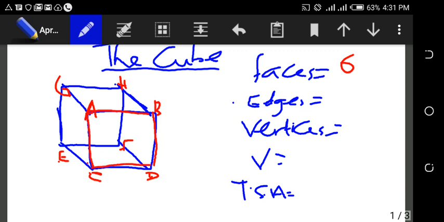CD, that's 4. CE, that's 5. DF, that's 6. EF, that's 7. EG, that's 8. FH, that's 9. AG, that's 10. BH, that's 11. GH, and that's 12. So this means that the cube has 12 edges.